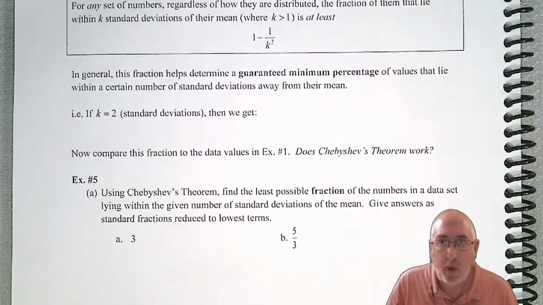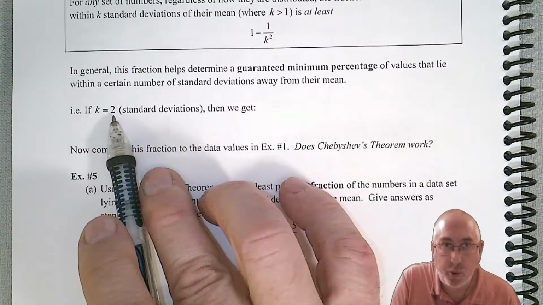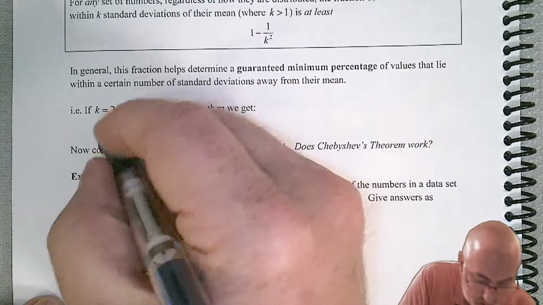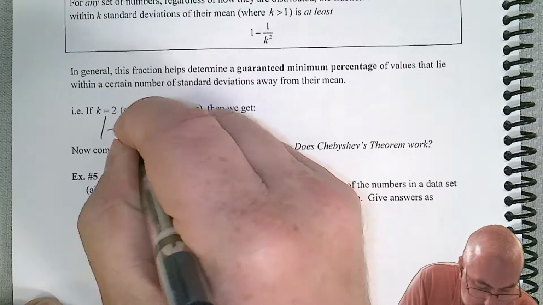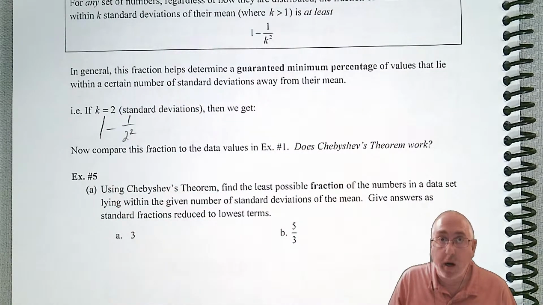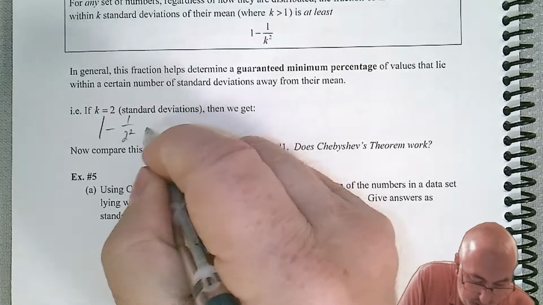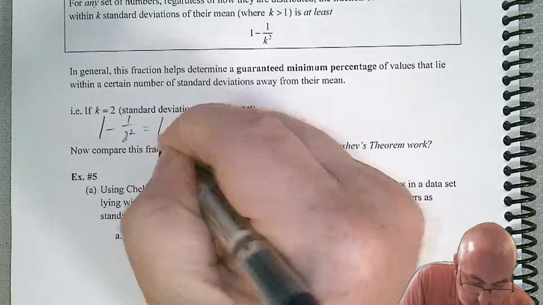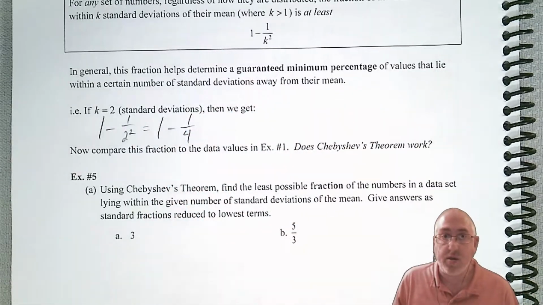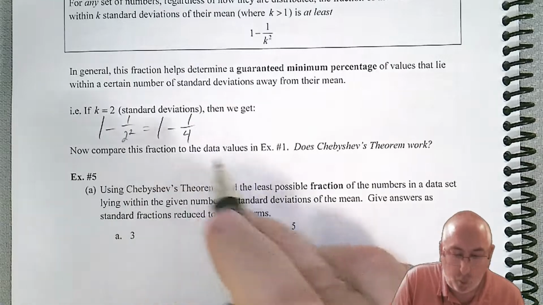Let's see what happens when we use k equal to 2. If we plug k equal to 2 into our expression, what do we get? 1 minus 1 over 2 squared would be the starting point. Now let's break that down using the order of operations. Let's take care of that exponent first, which gives us a 4. Now 1 minus 1/4.